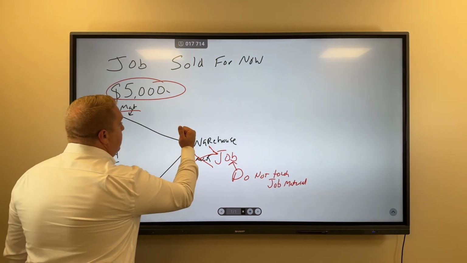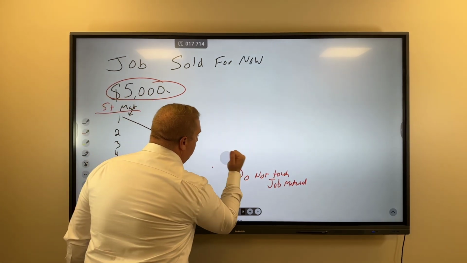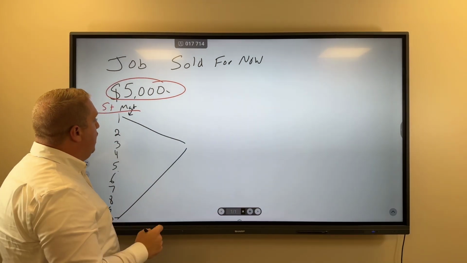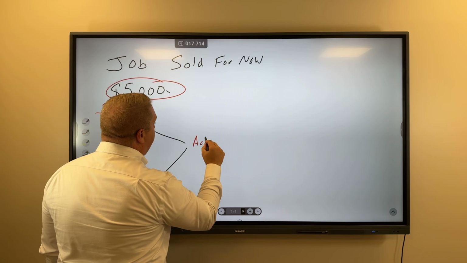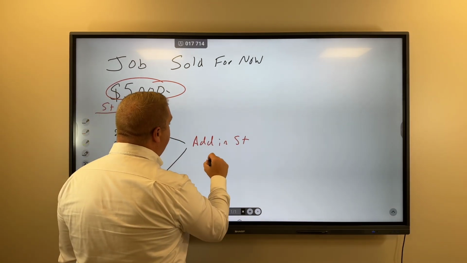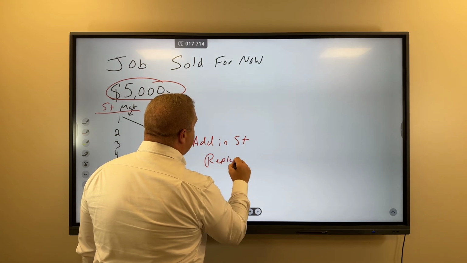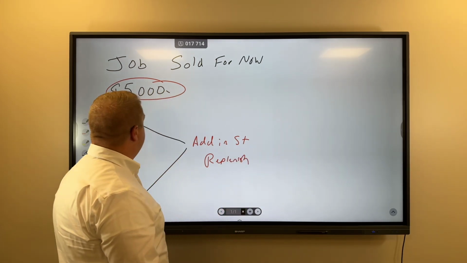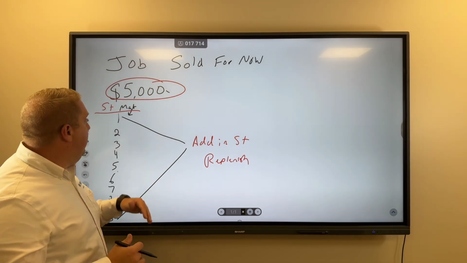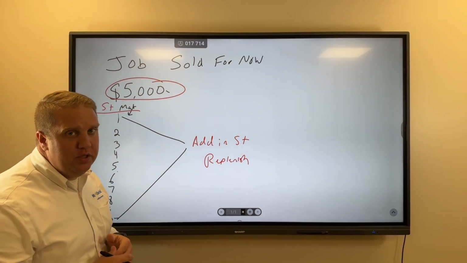None of this comes into play. We take the material off our truck, we just add it in ServiceTitan, and then all of this becomes a replenishment. Very, very simple, guys. If you need any one of these parts, we order it all. If you have all these parts, just do the job.